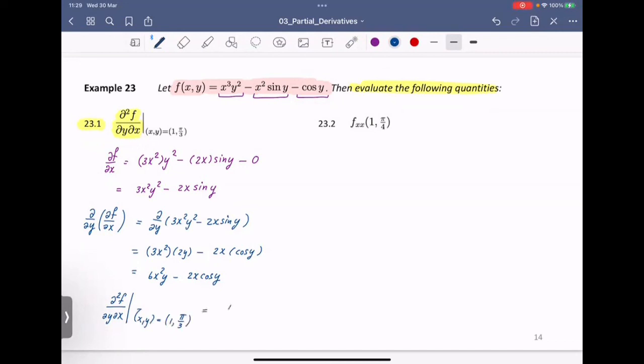So this is 6 times 1 squared times pi over 3, minus 2x cosine pi over 3. 6 times pi over 3 is 2 pi, and x is 1 already, so 2 times cosine pi over 3. Cosine pi over 3 is 1/2, so that term is 1. So the answer is 2 pi minus 1.